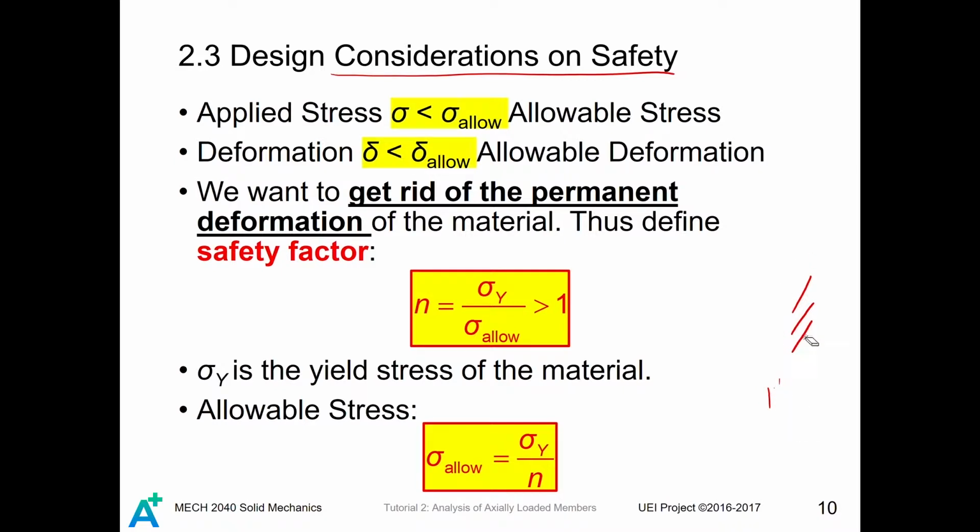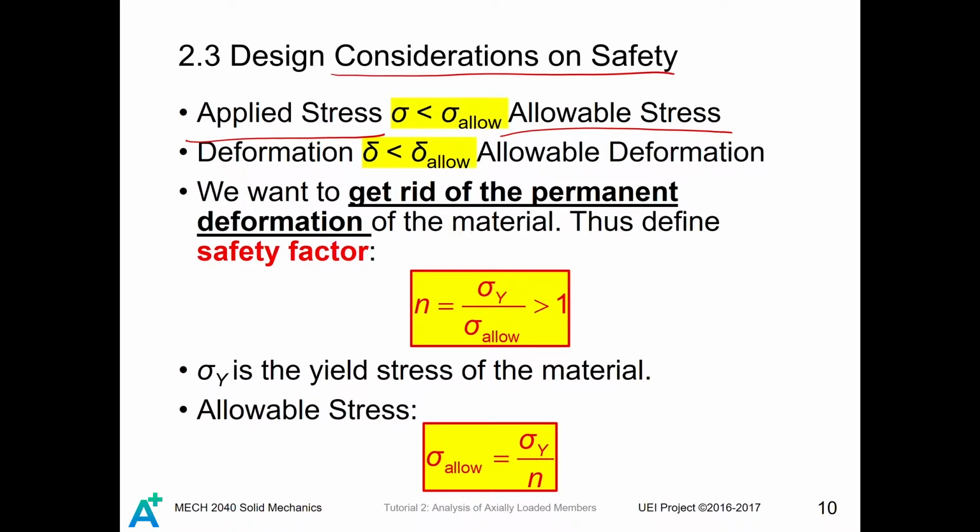Similarly, in our solid mechanics course, we consider the following safety considerations. First, it is common sense that when you apply a stress on a piece of material, you should not apply a stress which is too large compared to the allowable stress stipulated by the manufacturer, right? So it says 5 kg, so you should avoid putting 7 kg of material on that hook.